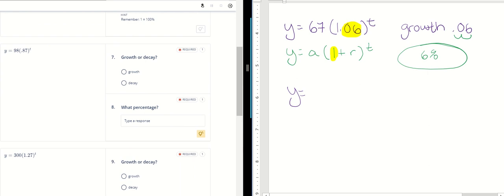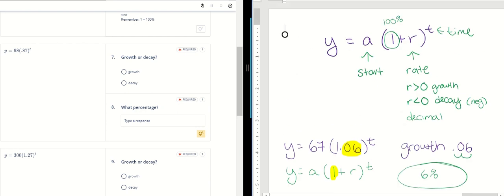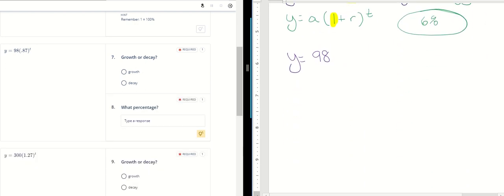Y equals 98, that's our starting amount, whether it's dollars in the bank, bacteria in a petri dish, or people living in a certain town, that's the number of items we're starting with. So we've got 98 times 0.87 to the t power. So again, let's consider our base equation. Our a is what we're starting with, and 1 plus r to the t power.